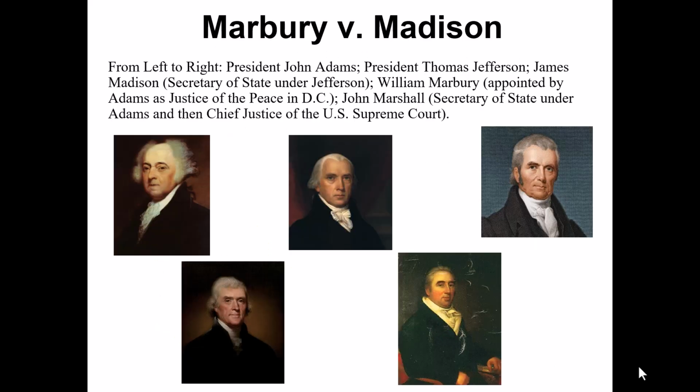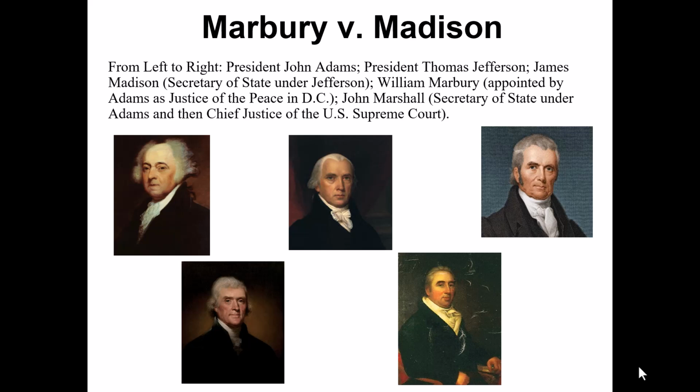So if we look at the main characters in this very interesting story behind this case, we have John Adams, from left to right, moving from top, bottom, top, bottom, top, bottom. We have John Adams, second president of the United States. He loses his re-election bid and is replaced by, if we go down one, Thomas Jefferson.